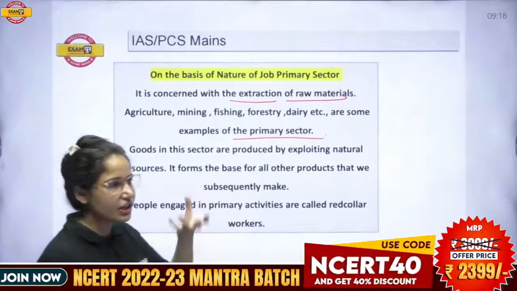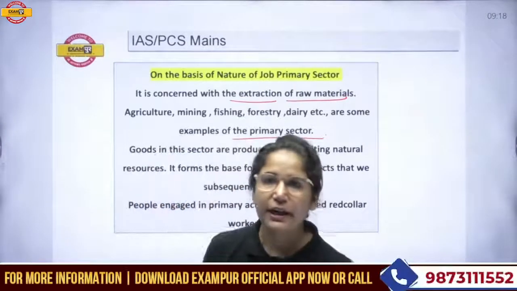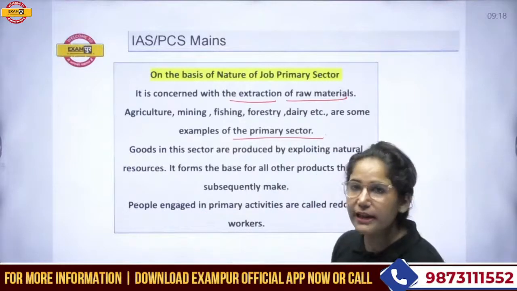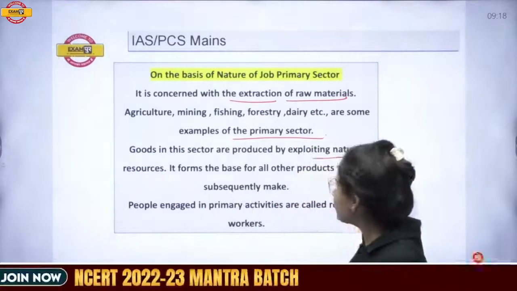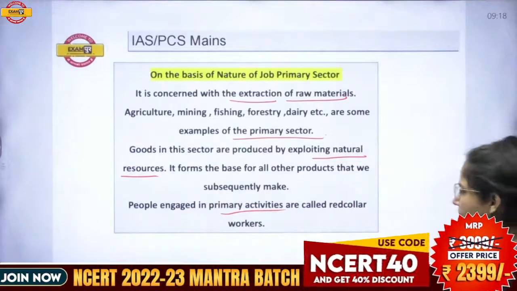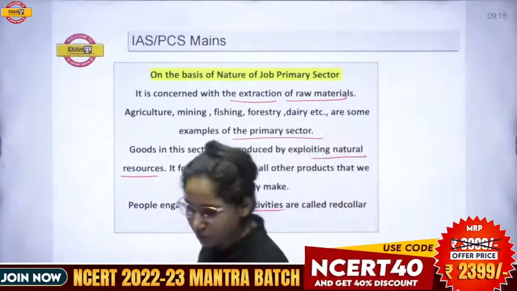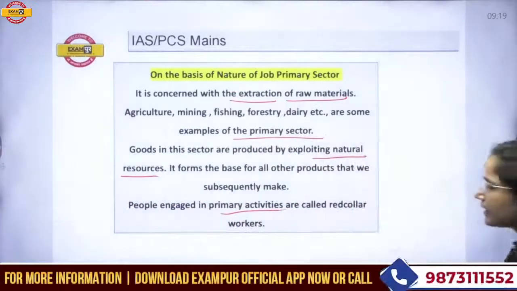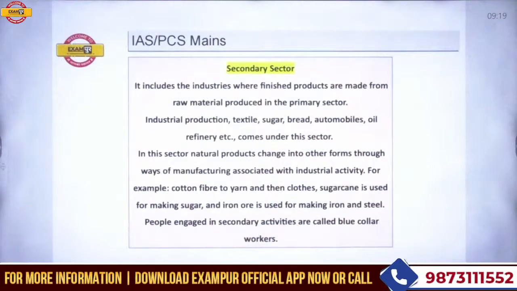Obviously, if we are directly extracting resources from the planet, somewhere it is directly exploiting natural resources. People engaged in the primary sector are called red collar workers. You need to know about it. How many laborers are included under this parameter.